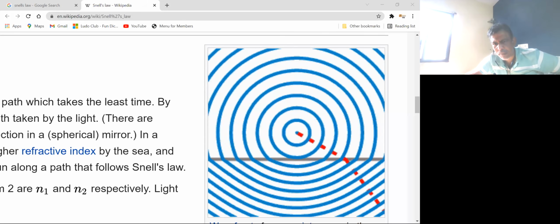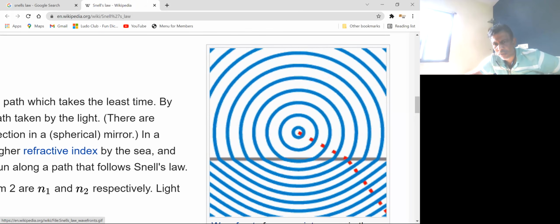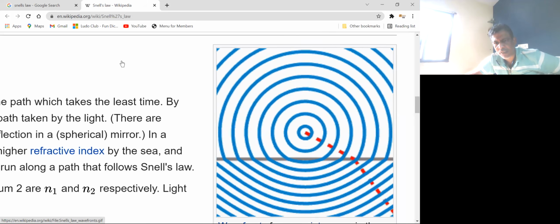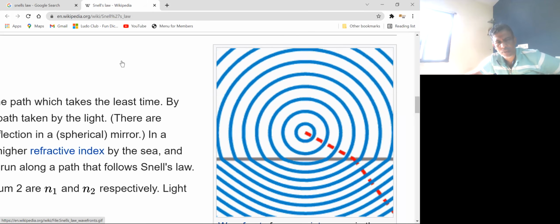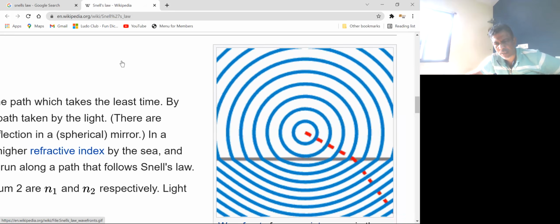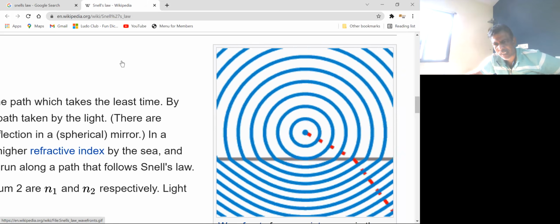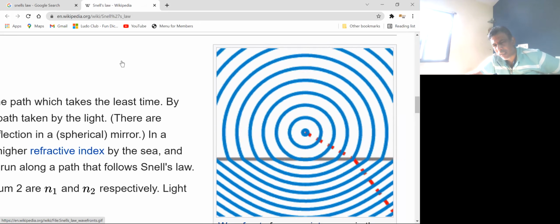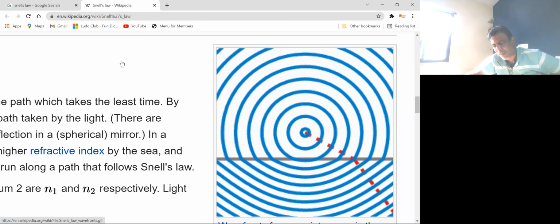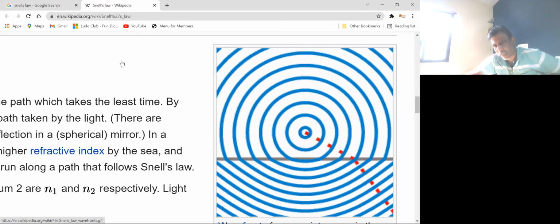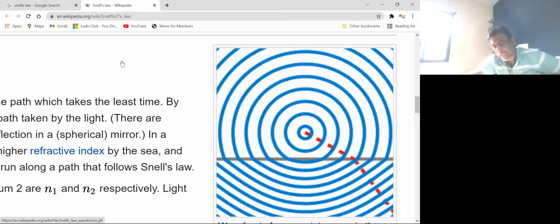Now you can basically look at it. So there's a point source which will generate the waves here. Now the particular wave has to move from this particular point, so it has to reach this one. So why can't it go in a straight line like this here? Then it will traverse a path in which the time of traverse is least. So therefore the light will propagate here. Here it will bend.